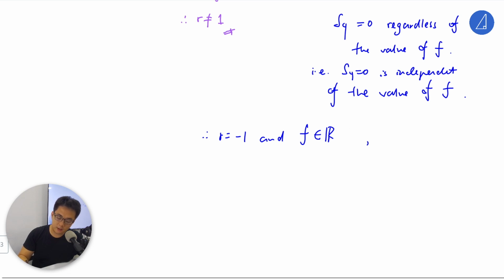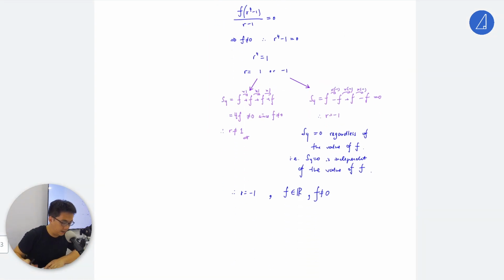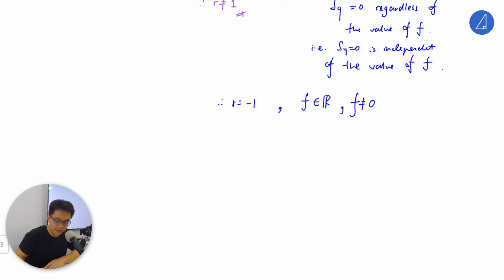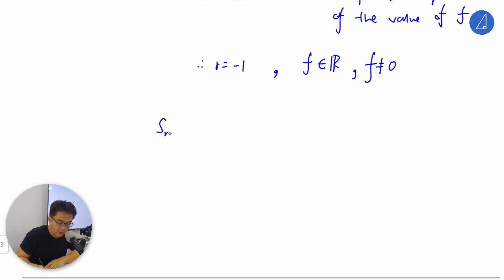You can just write down that r is minus 1 and f is any non-zero real value. We are told to find the possible values of the sum of the first n terms. So Sn, we know that Sn is given by f(1 minus r^n) over 1 minus r, which is f(1 minus (negative 1)^n) over 1 minus (minus 1).